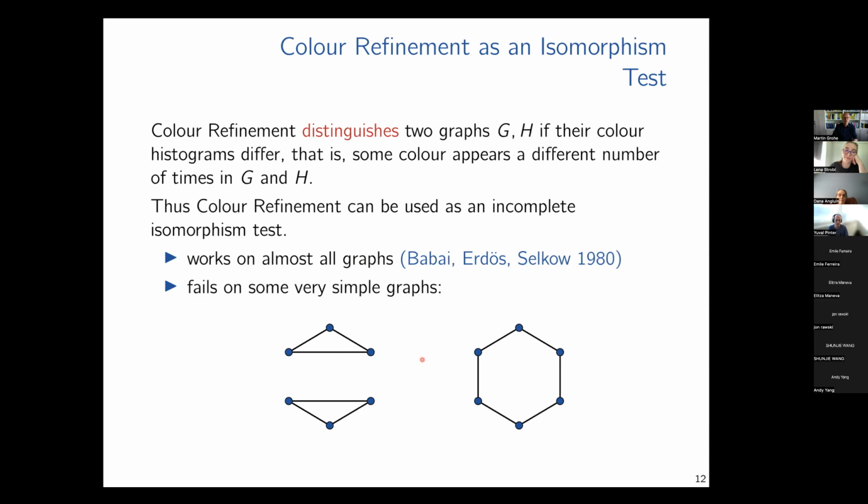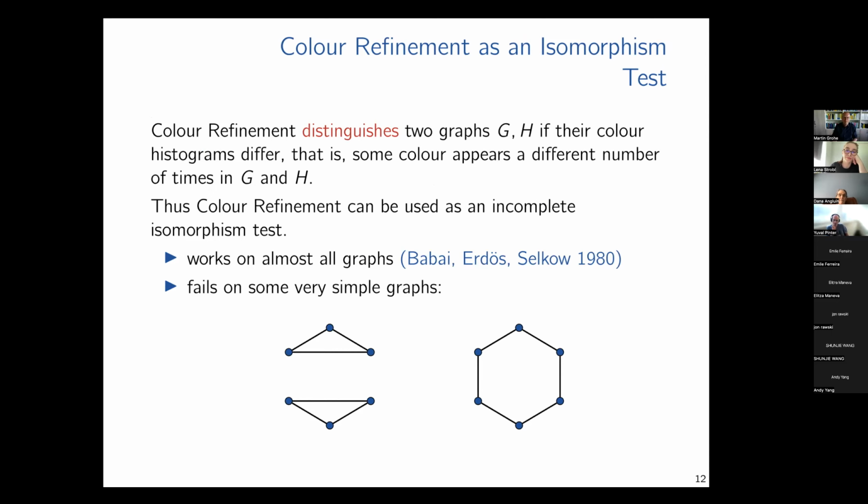For example, if you look at these two graphs, cycle of length 6 versus 2 triangles, well, initially all vertices have 2 blue neighbors and it stays like this. So the coloring is never refined, but clearly the two graphs are non-isomorphic, even though they both have 6 blue vertices.